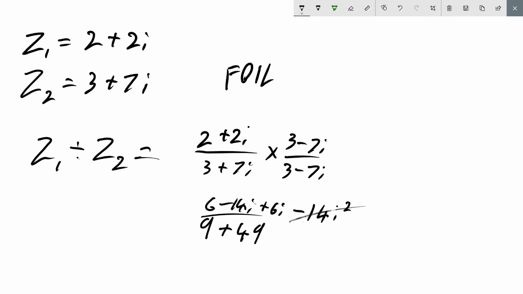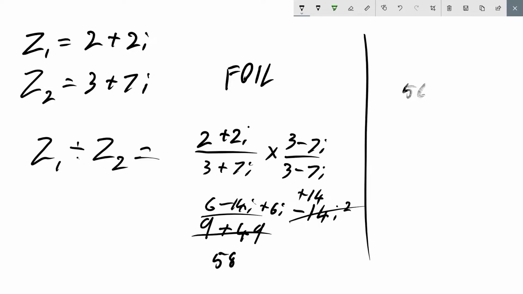This will cancel out and it will become positive 14. This here we can simplify down to 58. So now coming up here, 58 over 6 plus 14, that's 20, minus 20i.